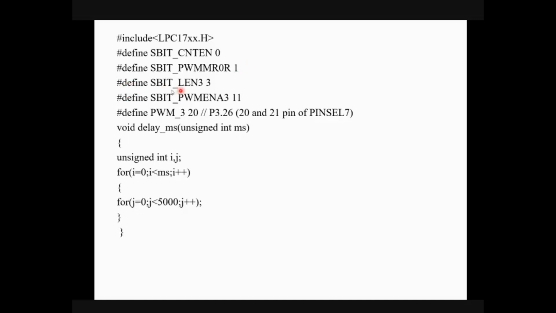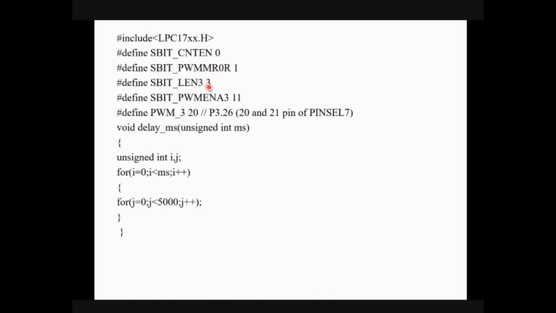Define SBIT_LEN3. LEN3 is dedicated for PWM3 in the LER register. The same name I have used to define this variable. So LEN3 represents the LEN3 bit position in the LER register, load enable for PWM3.